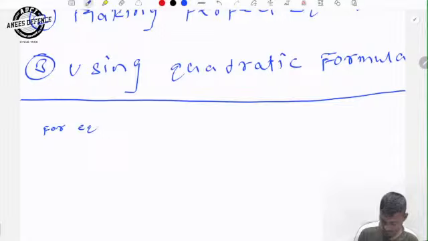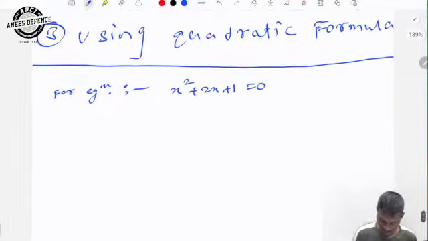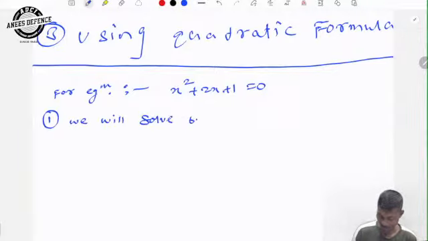For example, x square plus 2x plus 1 is equal to 0. First, we will solve by splitting the middle term method.